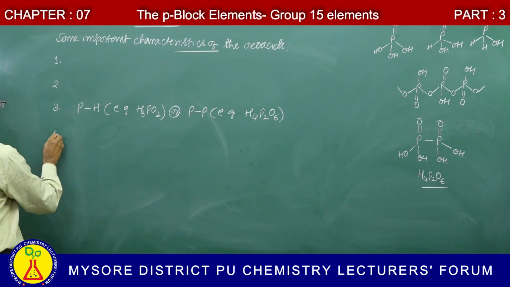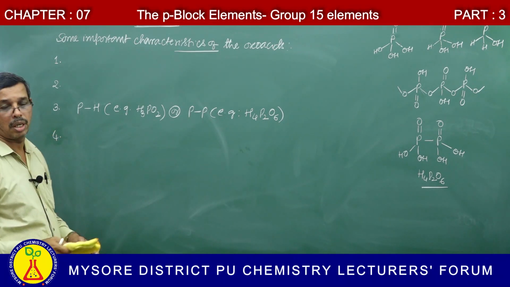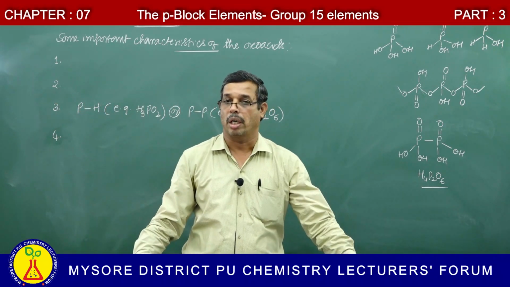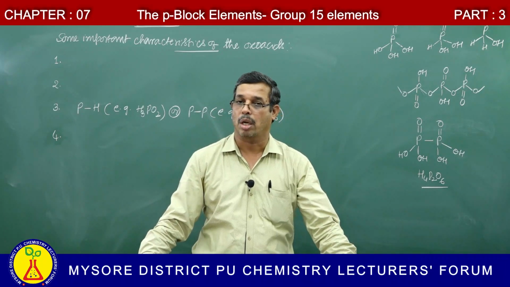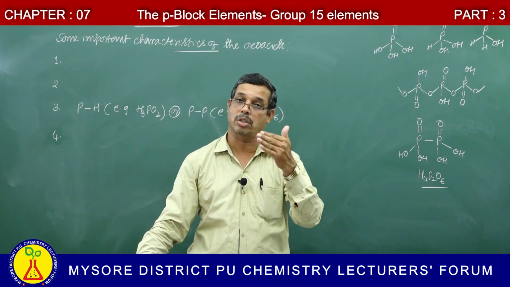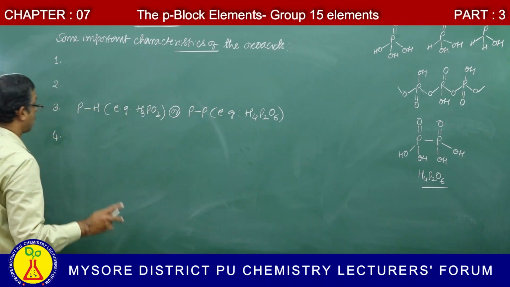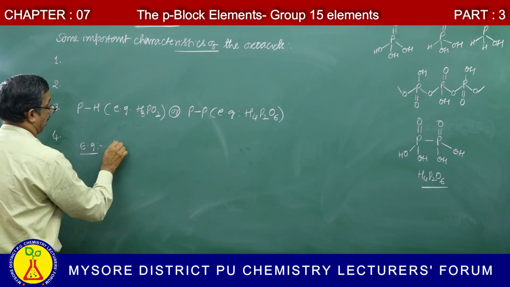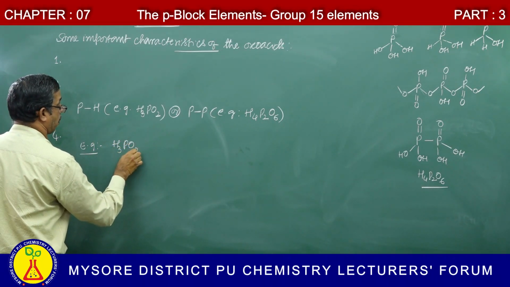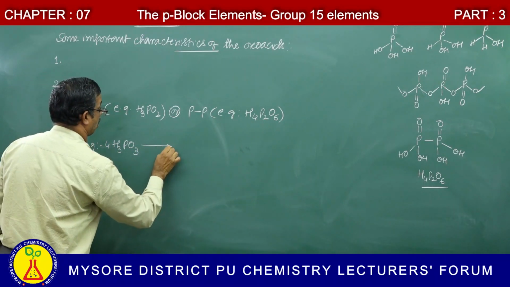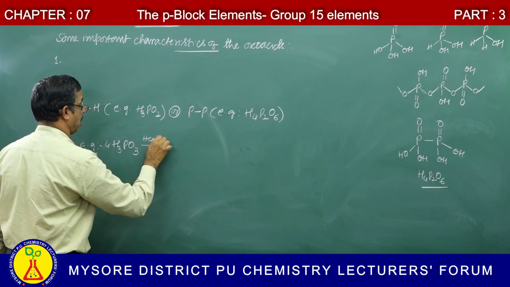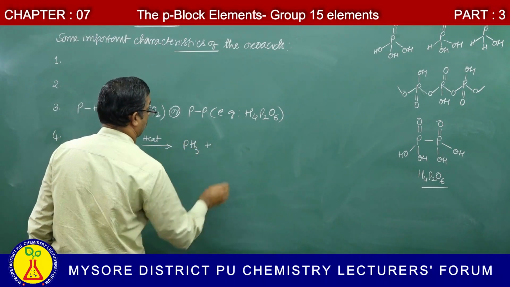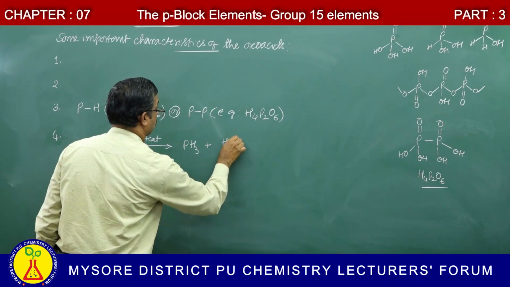Next, fourth one, the oxoacids in the +3 oxidation state undergo disproportionation to give compounds in lower and higher oxidation states. Let us take an example. Here, H3PO3, when it is heated, we get PH3 (phosphine) plus H3PO4.